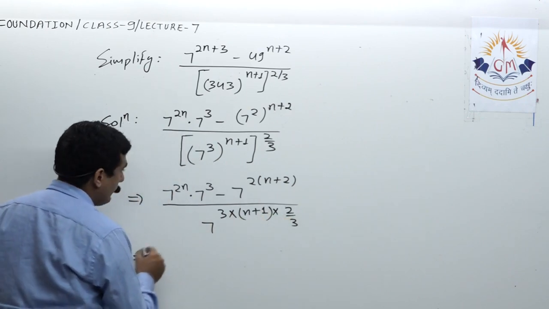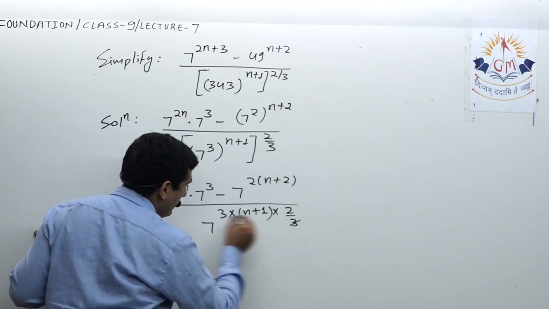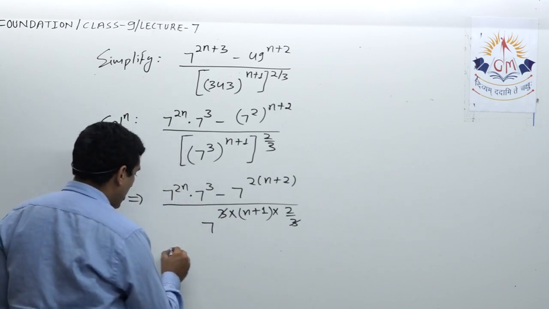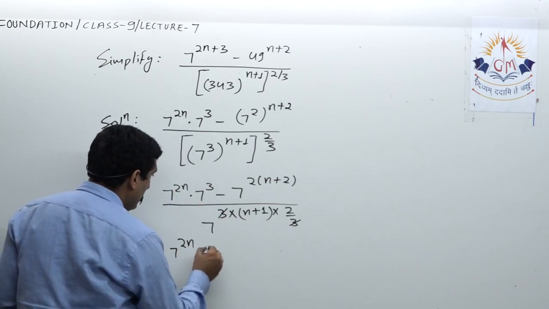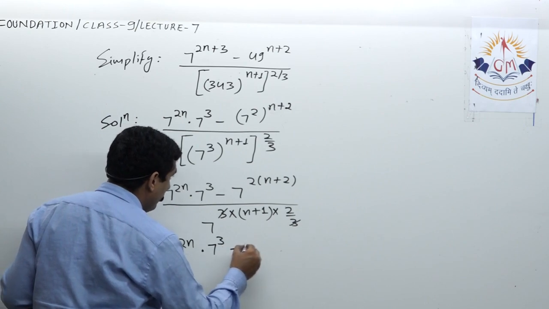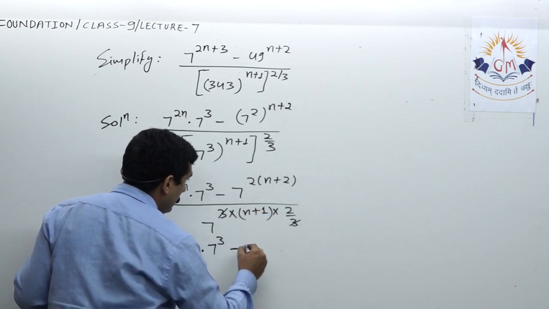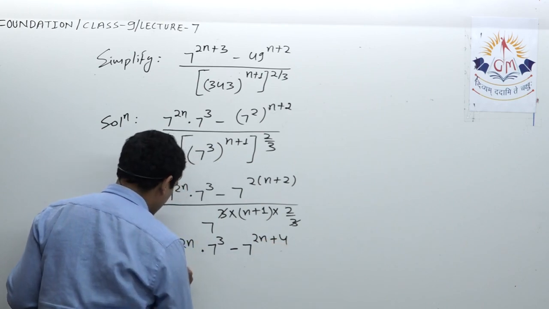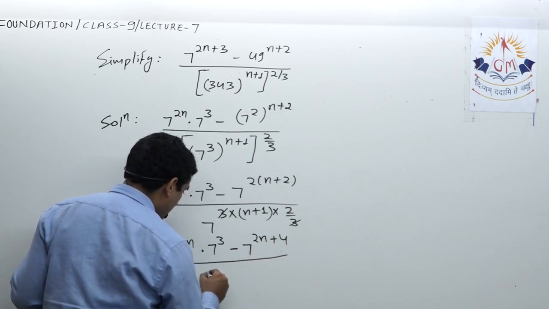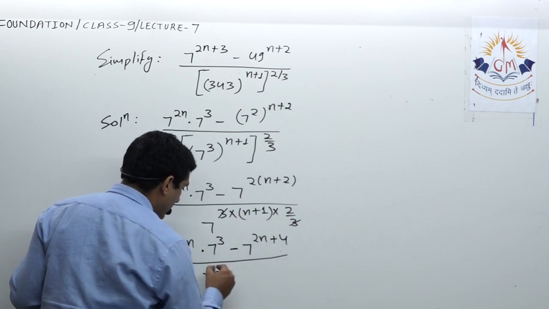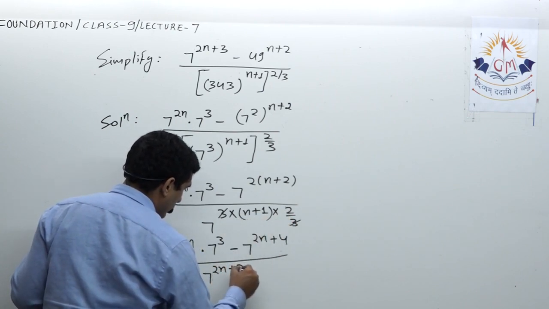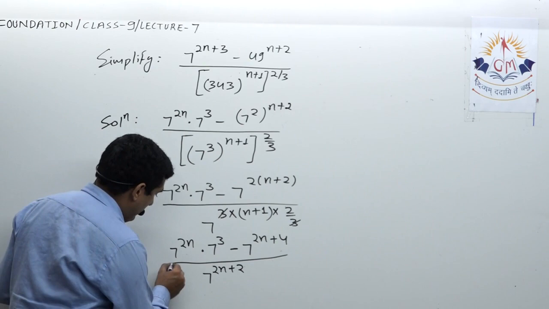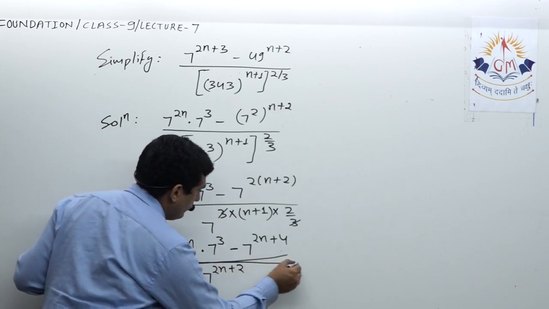Next step, I can cancel this 3 with this 3. Here I get 7 raised to 2n into 7 cube minus, if I multiply over here, I will get 7 raised to 2n plus 4 divided by 7 raised to 2n plus 2.